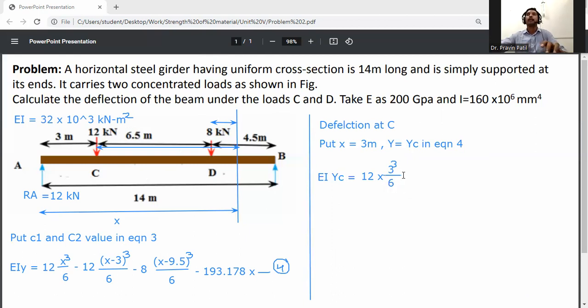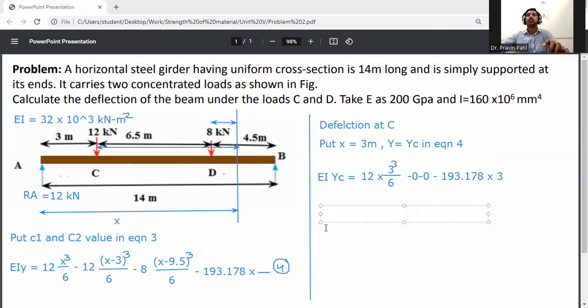Then minus 12 into 3 minus 3, this term is 0. Then if you put x is equal to 3 meter, 3 minus 9.5 gives a negative value, so you can put it directly as 0. So the second term is 0, and the third term is also 0. Then minus 193.178 into x, which is 3 meter.